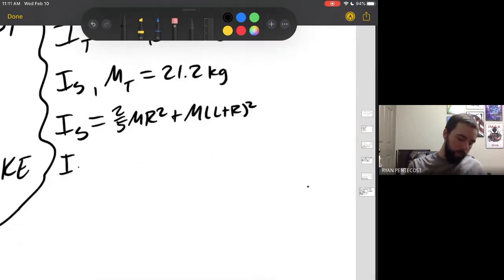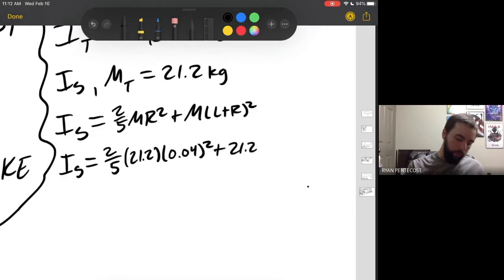So let's get all of that written out. That is 2/5 times 21.2 times the radius 0.04 squared plus 21.2 times 0.28 squared.